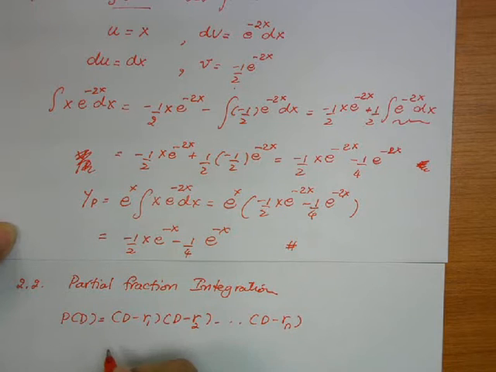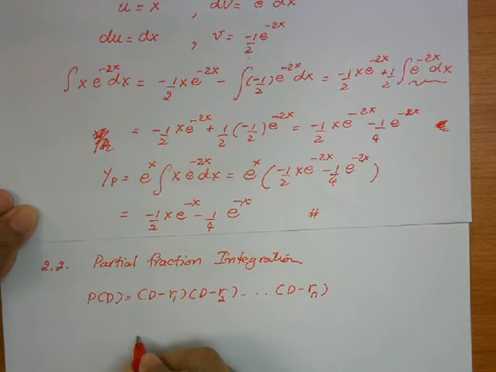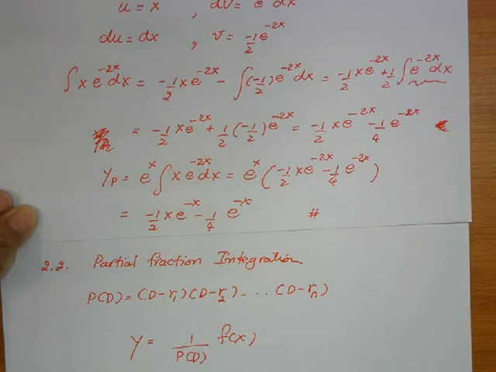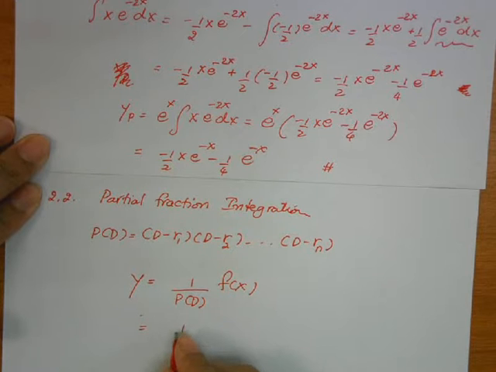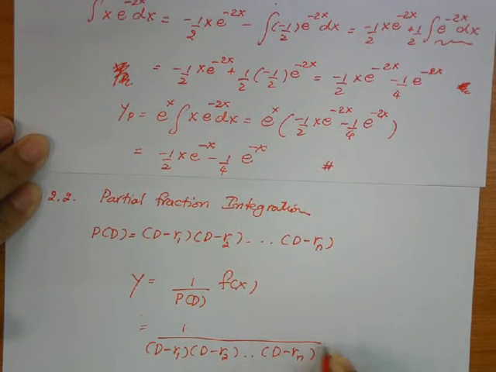When you write down the differential equation, it is in the form y is equal to 1 over PD of fx. That means you have 1 over (D minus r1) times (D minus r2) until (D minus rn) times your fx.